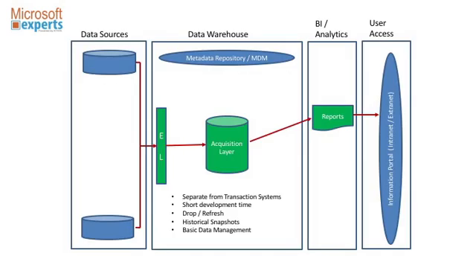So one of the most common ones that we see, again, is because usually the companies we work with have very urgent needs, and we just talked with a company earlier this week, they are writing reports directly against their transaction systems. They're having performance problems.